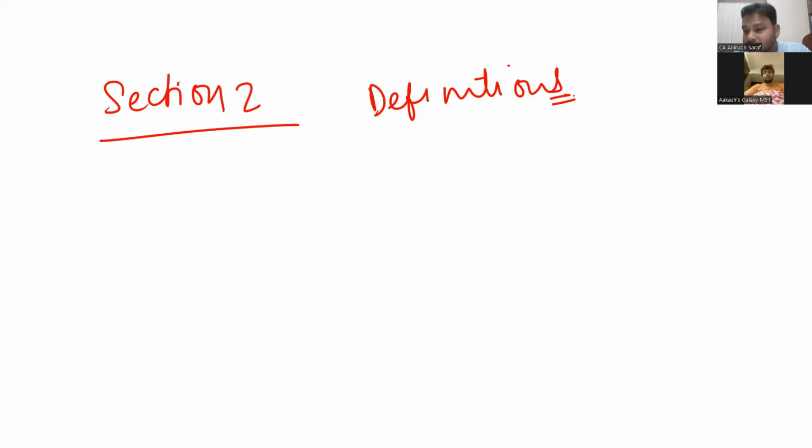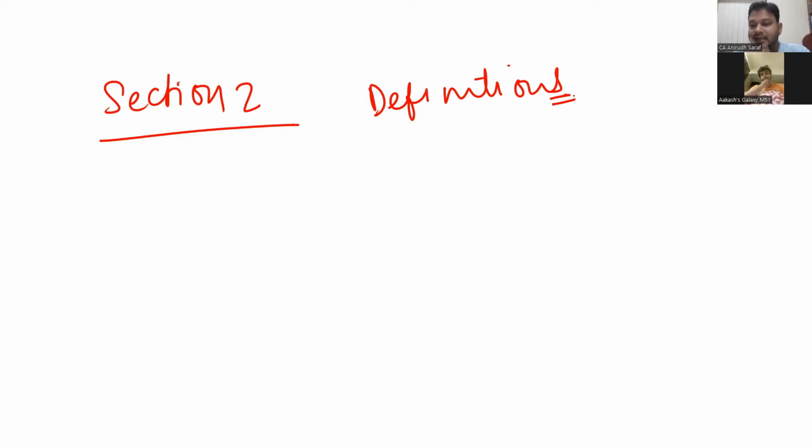You have to explain in detail, right? In the definition, what is income? How do you get income? What is not income? You have to give the whole explanation. Yes, we will cover the definition of income also. There are several definitions that you need to know. Right now, income is one definition.